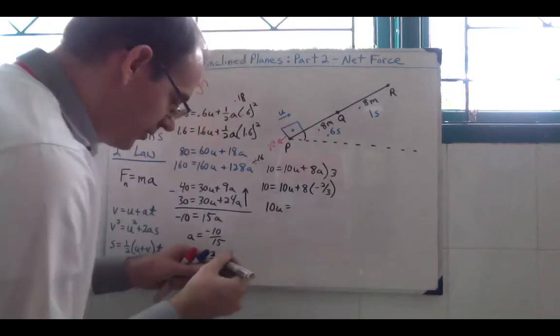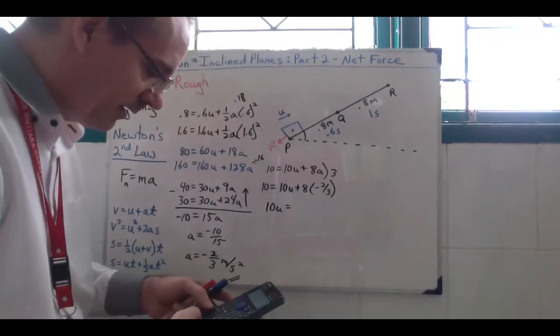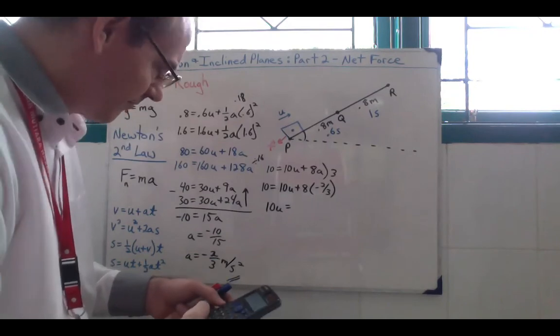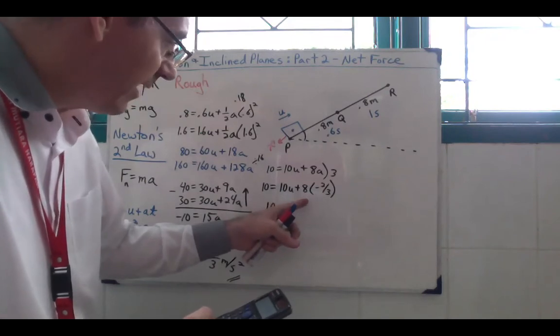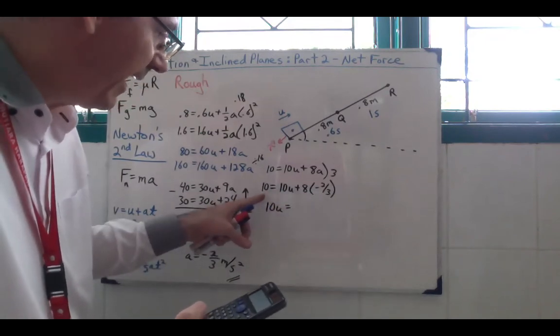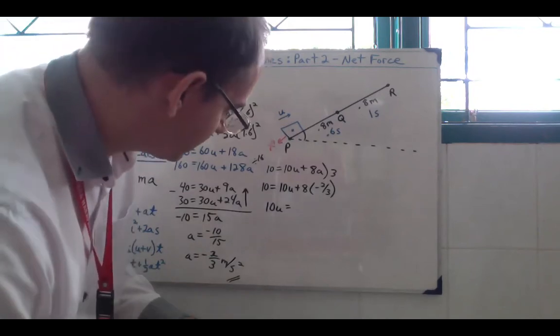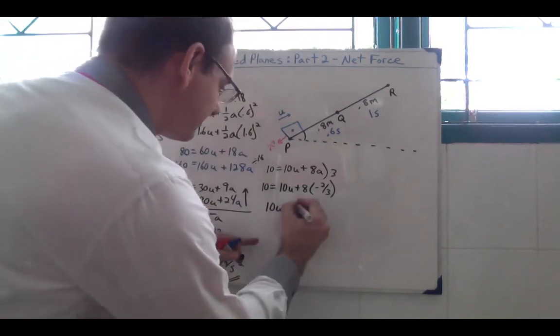So 10u equals, and when we do this, 8 times negative 2/3 is negative, so we need to add it to 10, which is 46/3, which equals 15.3.